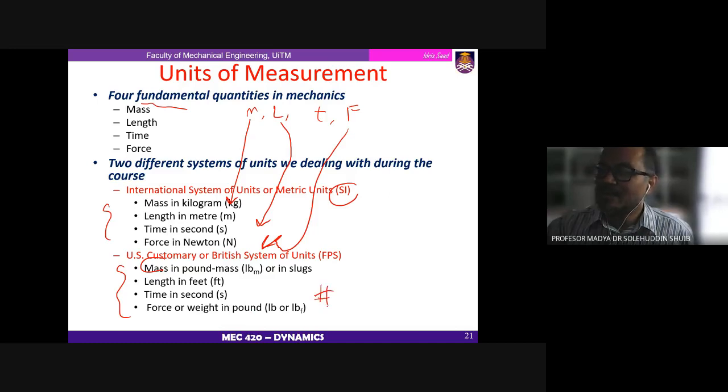Sometimes they use this notation, the hashtag, which in the US customary or British system means pound, or pound F, pound force, with a small subscript f for pound force.